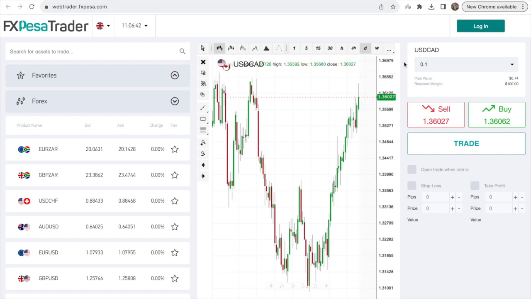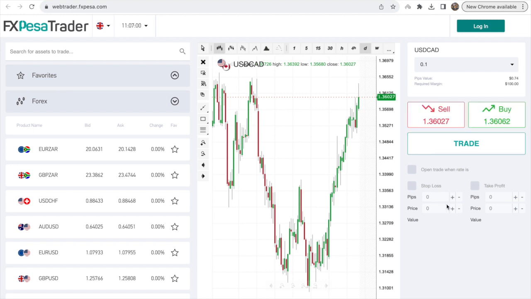Now what you want to do is expand this platform. This side is just the assets to trade, and on my right hand side will be mainly the trading panel. So you can sell, you can buy.